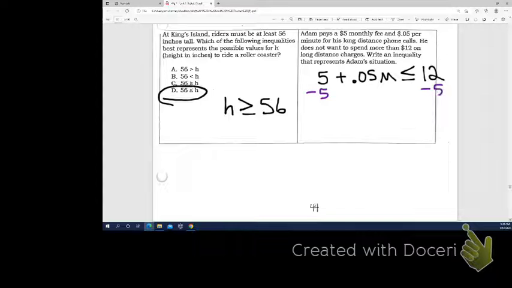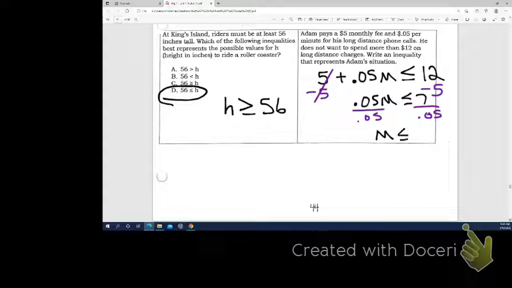So we would subtract the 5, because that's what he's paying for the monthly service, or the monthly long distance, I guess. And then when we divide by 5 cents, some of you might be surprised by how large this number is. Keep in mind, it's like you're buying something that's a nickel. If you're buying something that's a nickel, you could buy 20 of them for $1.